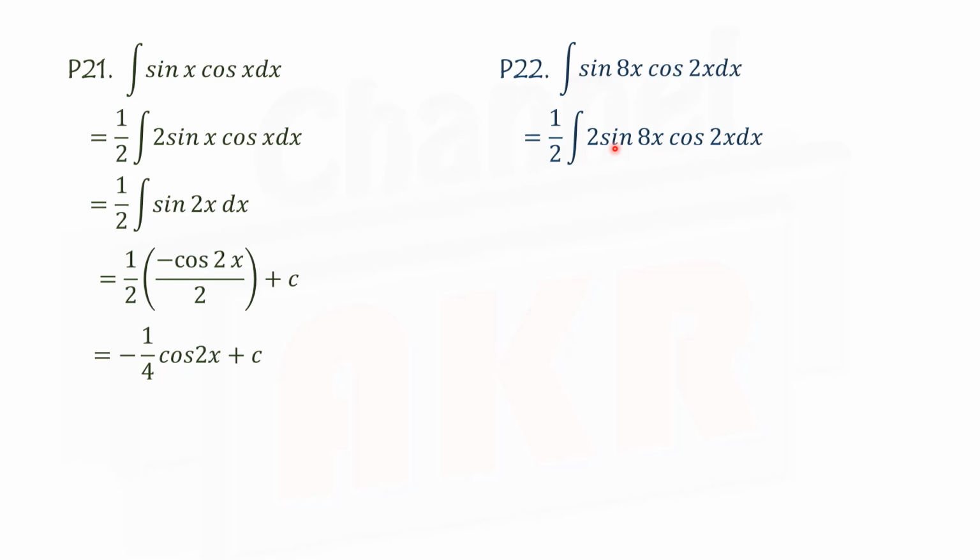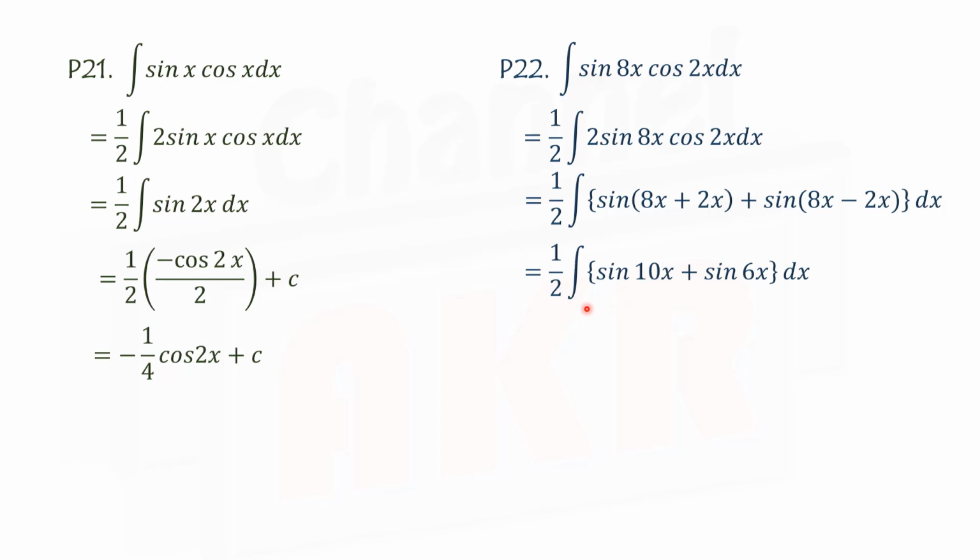Okay, 2 sin a cos b is actually sin a plus b plus sin a minus b. You must know this in calculus. 2 sin a cos b, so sin a plus b plus sin a minus b. Okay, then the result of this portion will be sin 10x plus sin 6x.